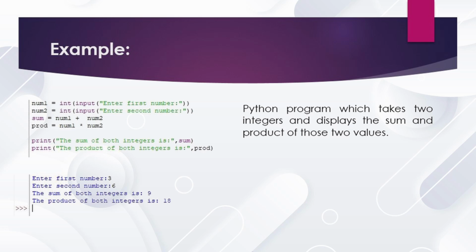It calculates the sum of the two numbers and stores it in the variable sum. It also calculates the product of the two numbers and stores it in the variable prod. Finally, it prints both the sum and the product using the print function.